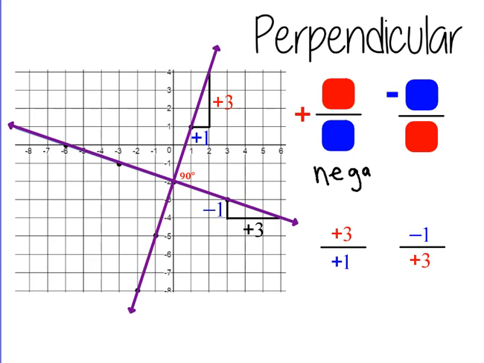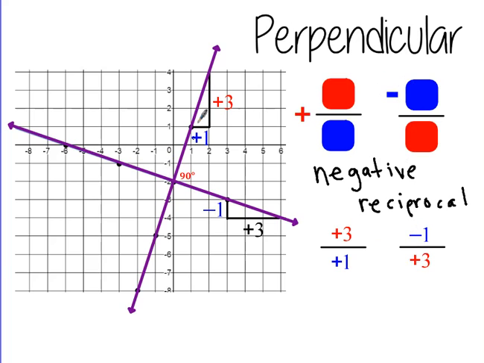When two slopes are negative reciprocals, what that means is that the denominator of one is going to be the numerator of the other, and vice versa, and one of the fractions will be positive and one will be negative.